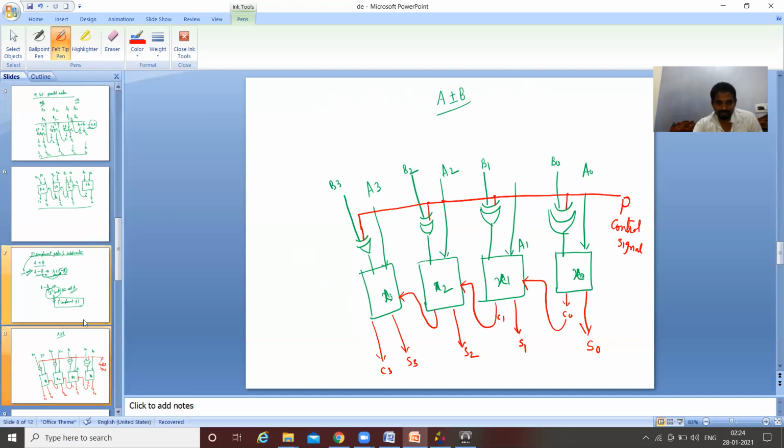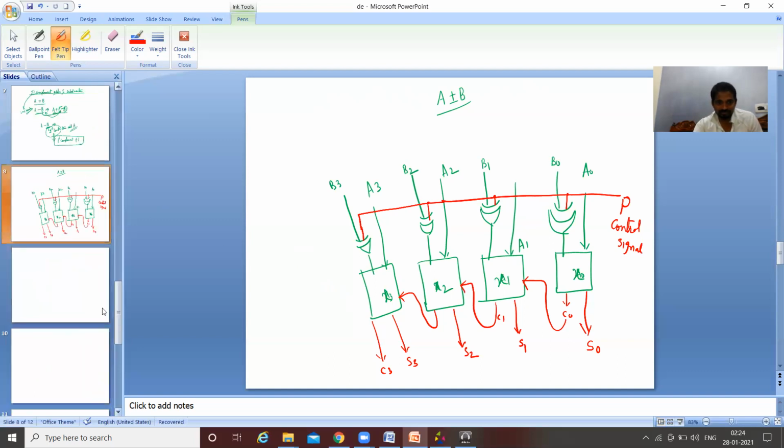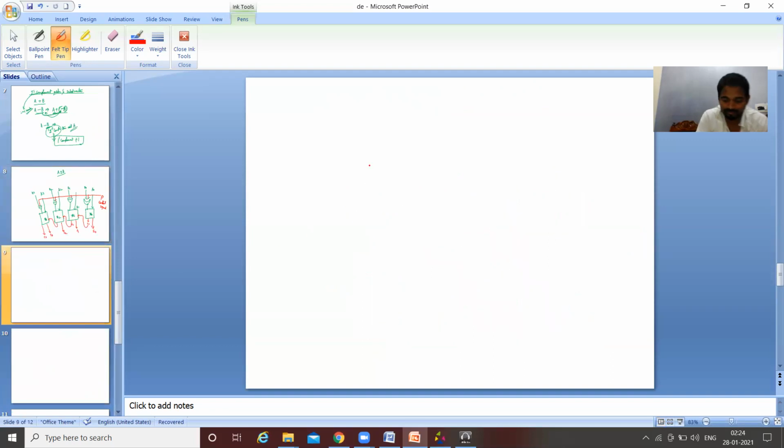Next, we will see the next topic. I need a detailed explanation about the exclusive OR gate here. Consider this is an exclusive OR gate. Here A and B are there, and this is Y. Assume B is equal to 0 always.